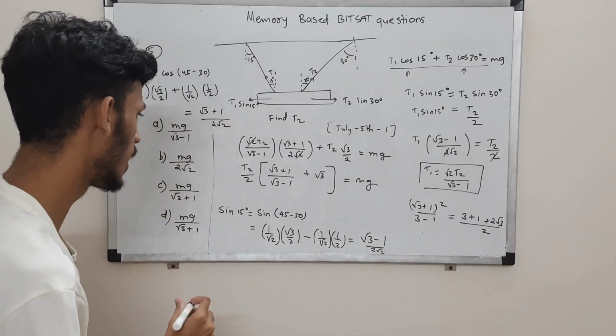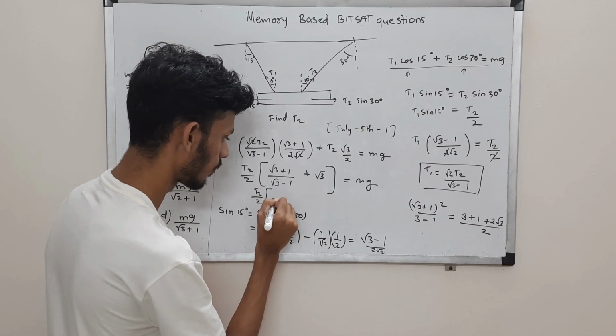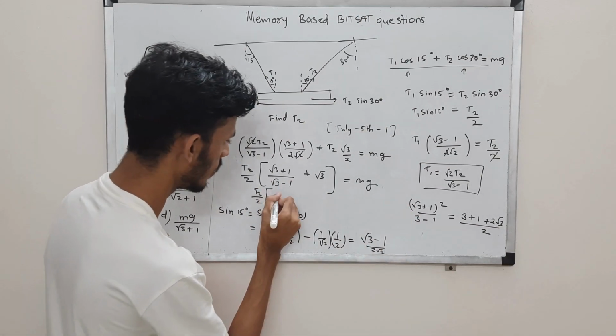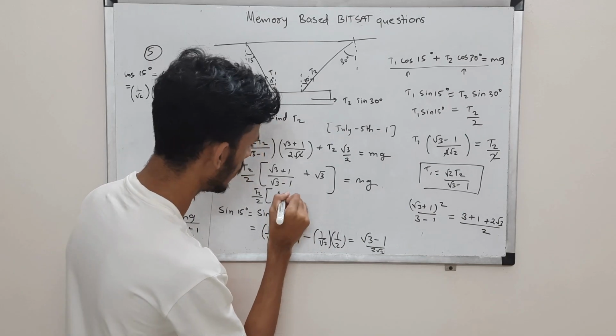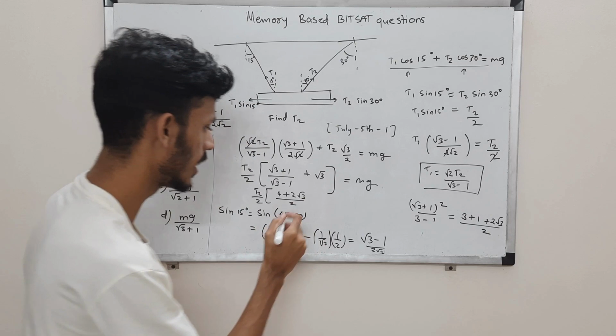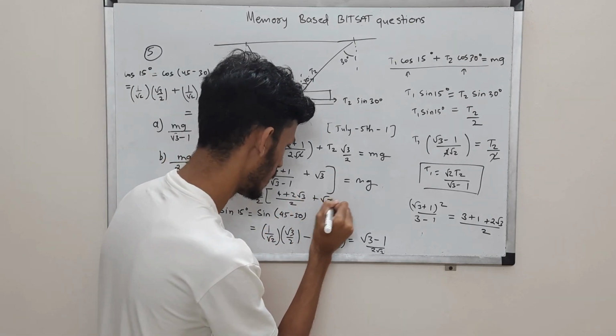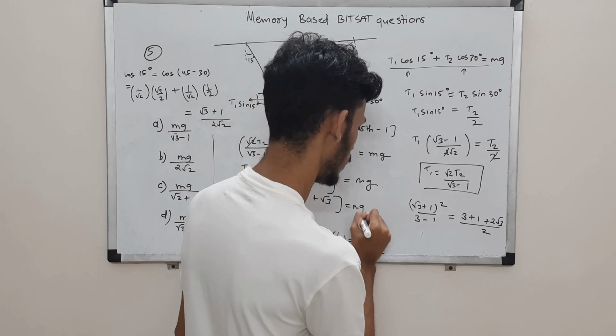Okay, so here we are getting t2 by 2. Okay, and once you rationalize it, you will get 4, 3 plus 1 is 4, and 2 root 3 upon 2, right? Once you rationalize this, plus root 3. Okay, so you can simplify it further.